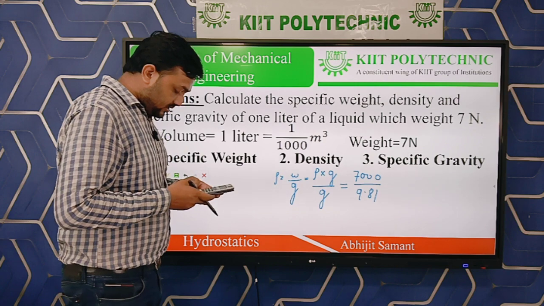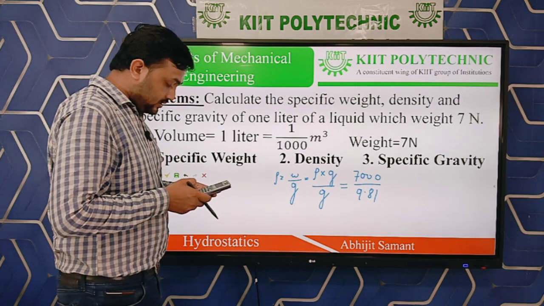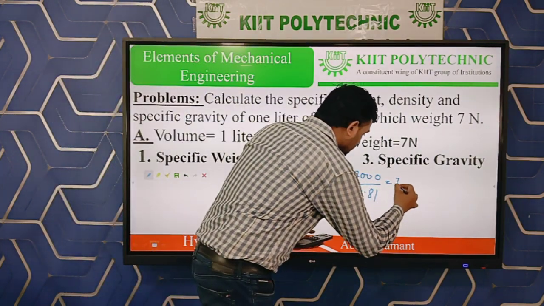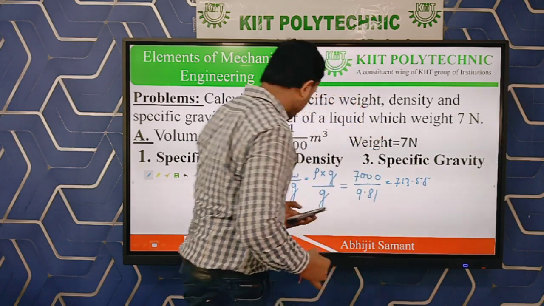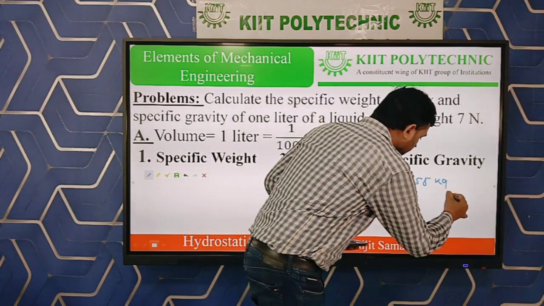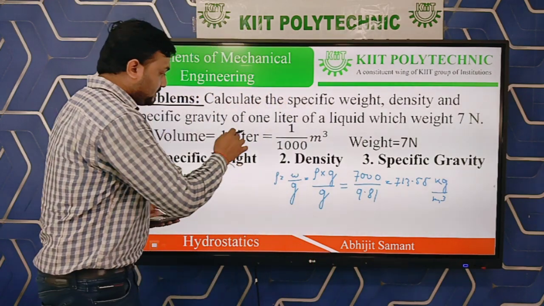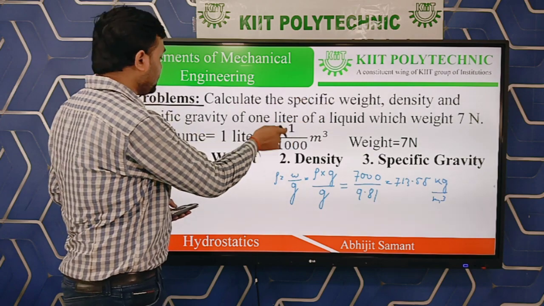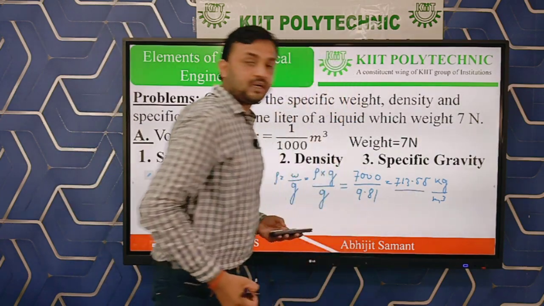Now 7000 divided by 9.81 is equal to 713.55, and the unit is kg per meter cube. So the density of the liquid whose weight is 7 Newton is 713.55 kg per meter cube.